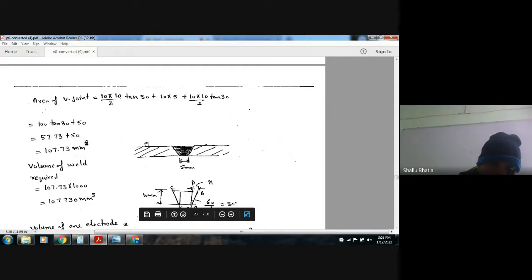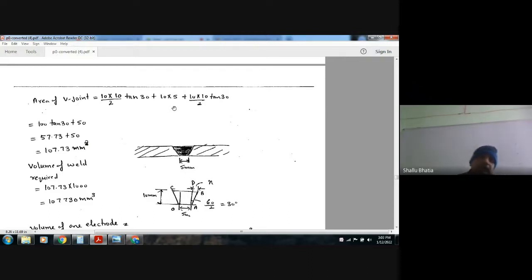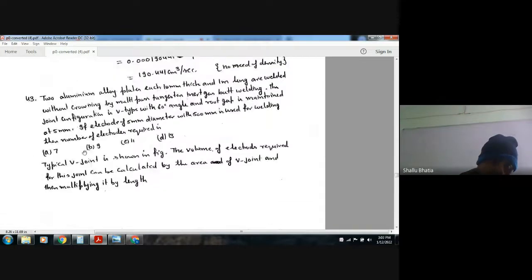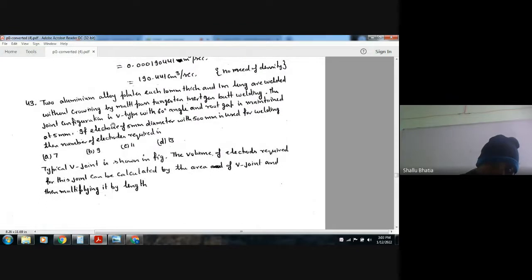When divided by 2, this gives the area of this triangle. Similarly, the area of the other triangle is also 10 into 10 tangent 30 divided by 2, and the area of the rectangle is 10 into 5. So the area of the region comes out at 107.73 mm square.